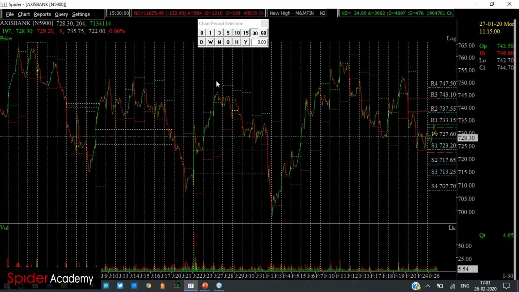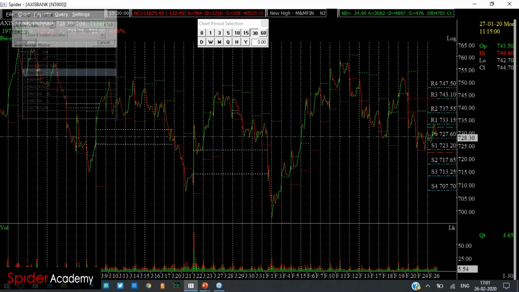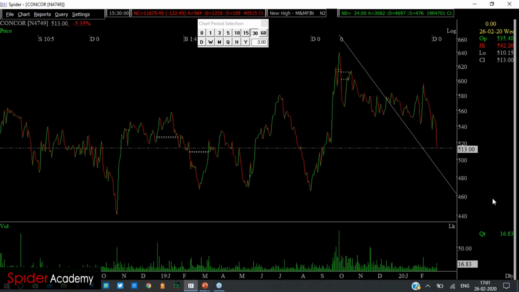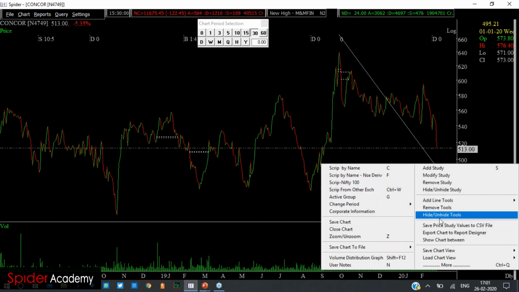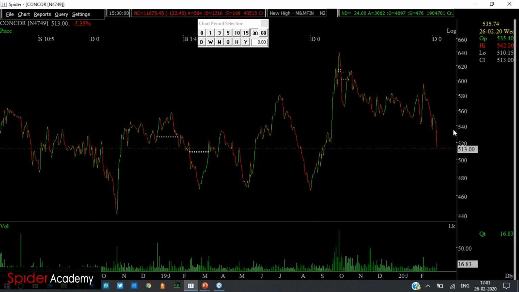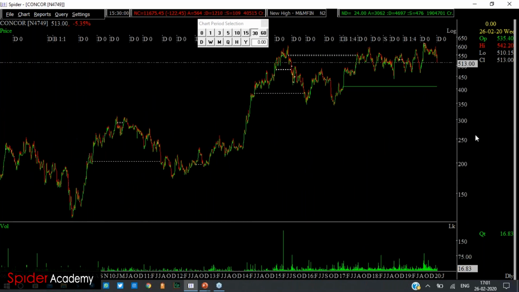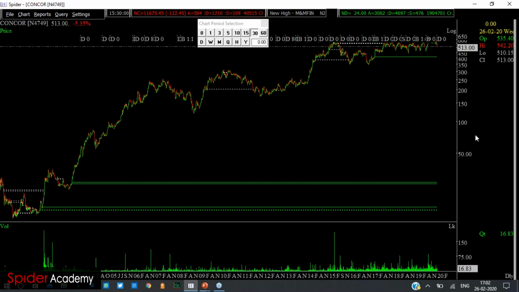Apart from that, let's look at certain examples which we had flowing in. Concord, basically, we can say the stock has again been sideways for quite some time now, right?